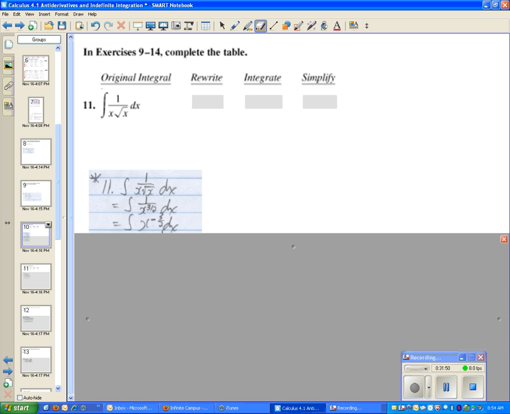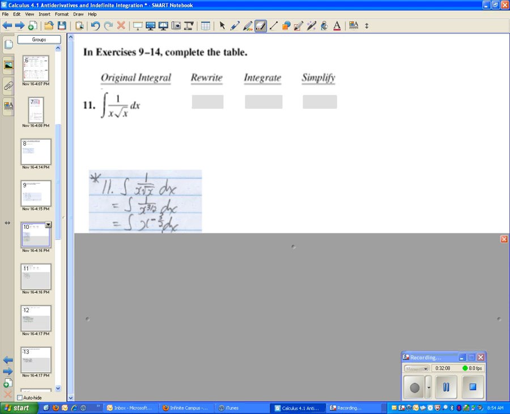And now can I use the power rule for integration? I can. So we've got the integral of x to the negative 3/2 dx. Power rule it, but it's the power rule for integration.